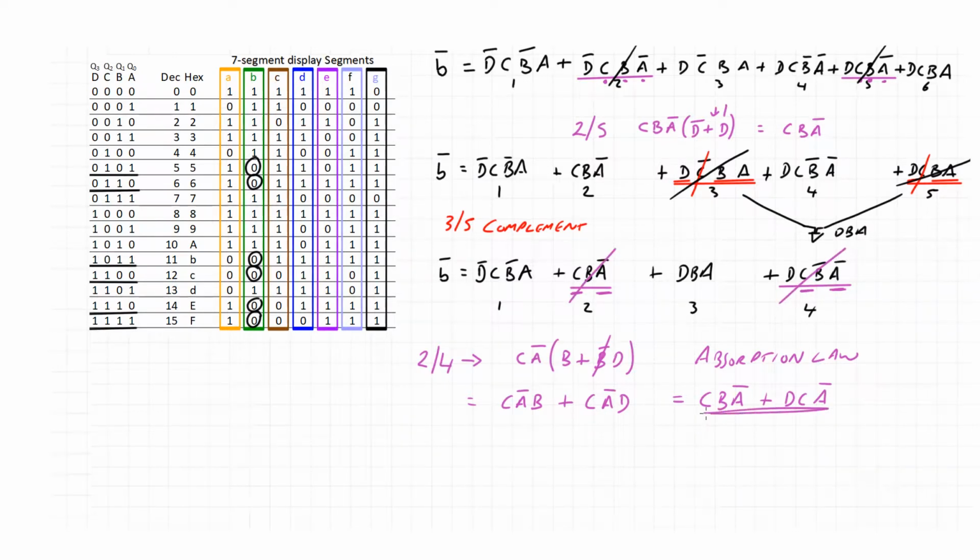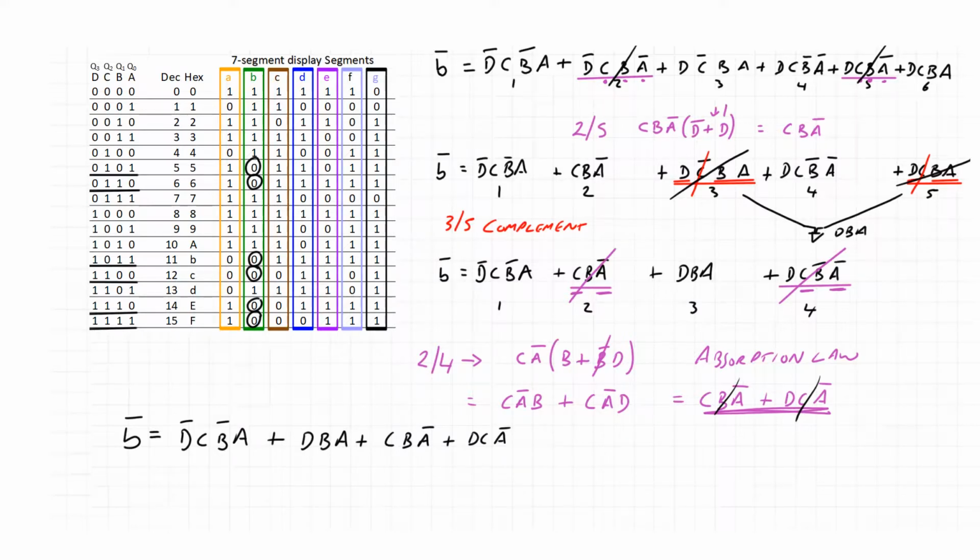So we'll cross them off, use the two that came as the output from the absorption law and regroup. So not B is equal to not D, C, not B A, or we already had D B A, or the two terms that we just came up with from the absorption law, C B not A or D C not A. I usually cross them off as I've written them down so I don't duplicate and bring things back into the expression.